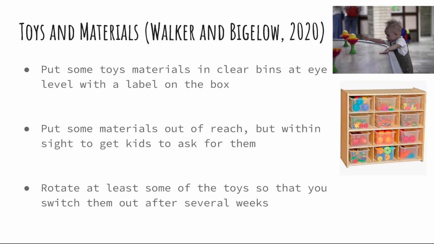So for example, I had a little boy who was non-speaking. He loved this toy bean bin thing that I had. Or I'm sorry, no, it wasn't a bean bin. It was a letter puzzle that he would take the letters out of and put in a bean bin. He had the bean bin in a clear box that he could reach, but that letter puzzle was always up on the shelf.